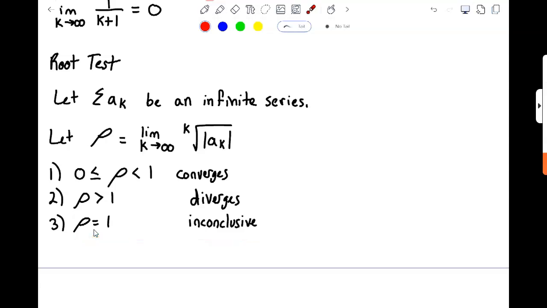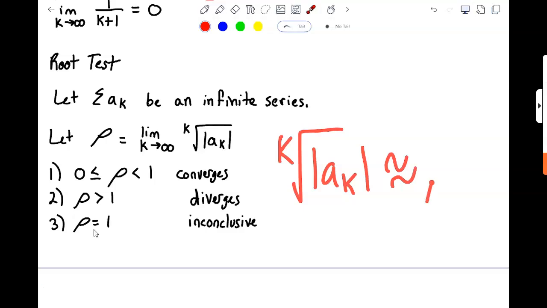Now, why does this work? Well, if rho is equal to the limit as k goes to infinity of the kth root of |a_k|, then that means that the kth root of |a_k| is approximately equal to rho for a really, really big k.